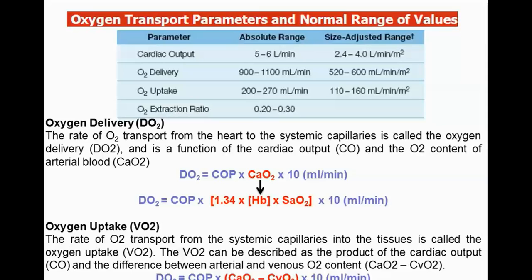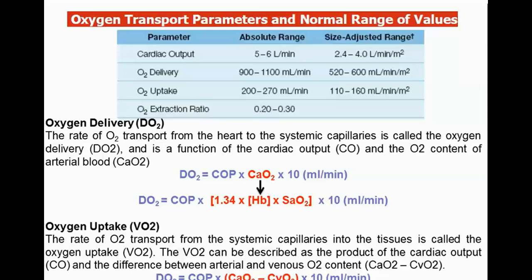So the oxygen extraction ratio is 0.2 to 0.3. Let's take an example for practice. This is a normal extraction. It will depend on the oxygen delivery. As you deliver more oxygen, the tissue will take what it needs.